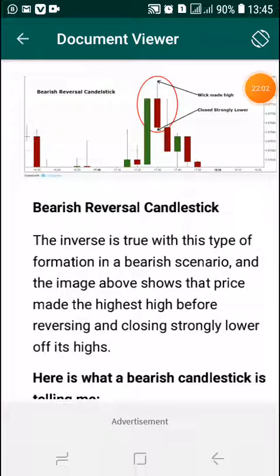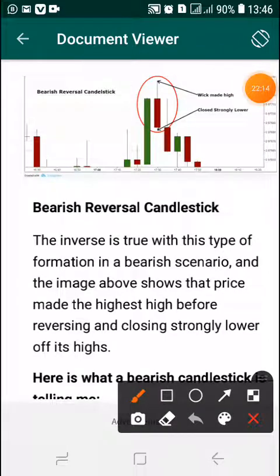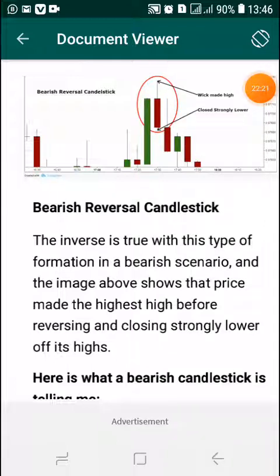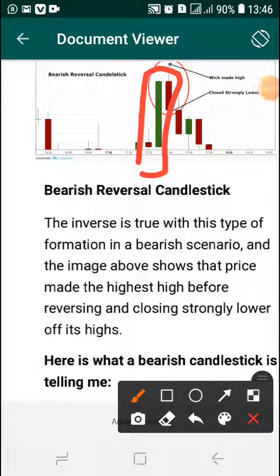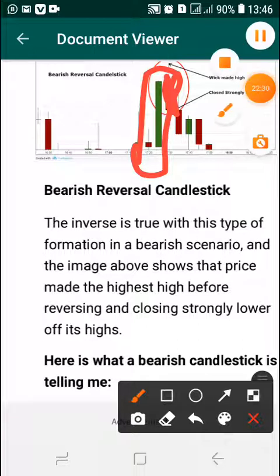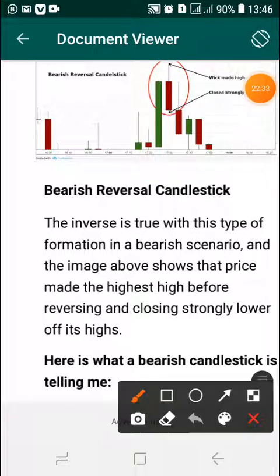It can be a bearish harami. Right here is a bearish harami, and right here is an engulfing bullish, not bearish, sorry, engulfing bullish. This one here is a bearish harami.